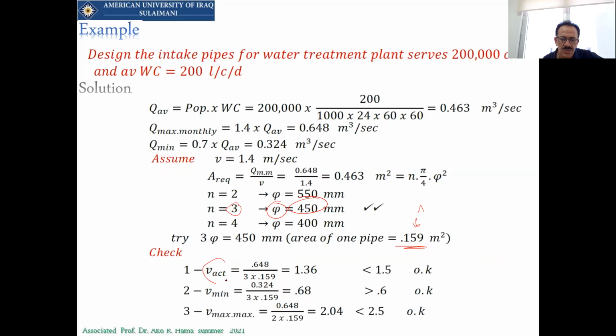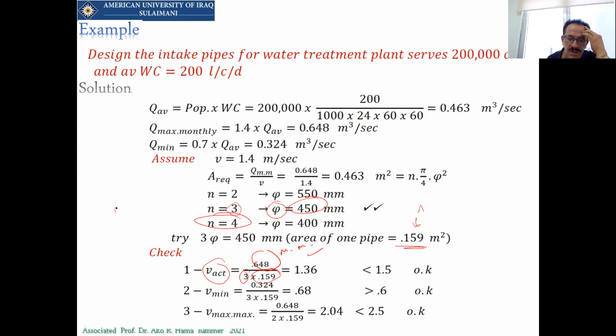Now the V actual is equal to the maximum monthly Q divided by 3, which is the number of flow in each pipe, divided by the area of each pipe. We will get the velocity in each pipe. This is the actual velocity. And you can see it's less than 1.5.